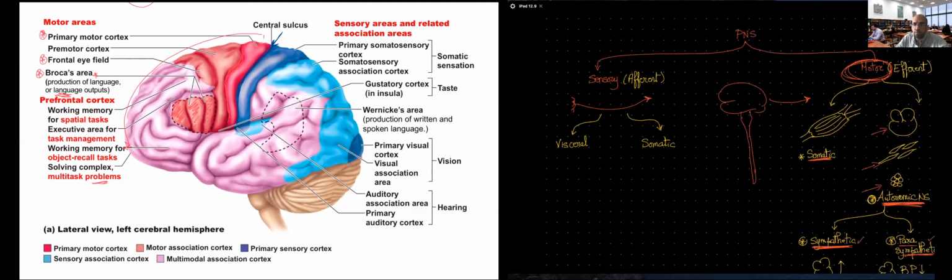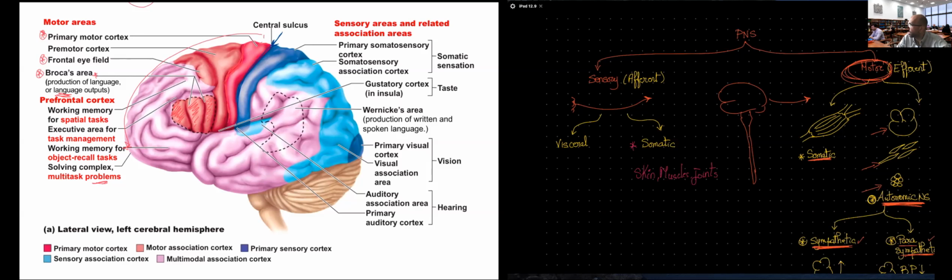And sensory was divided into either visceral or somatic. And remember, somatic means what? I'm carrying sensations from skin, muscles, and joints. Remember, we've also seen somatic motor.